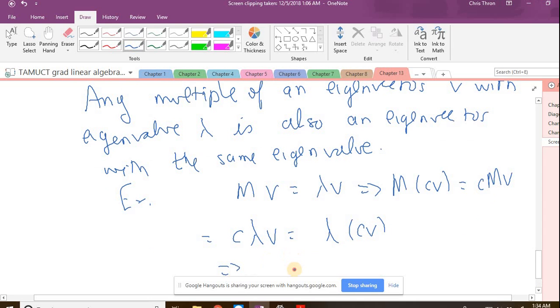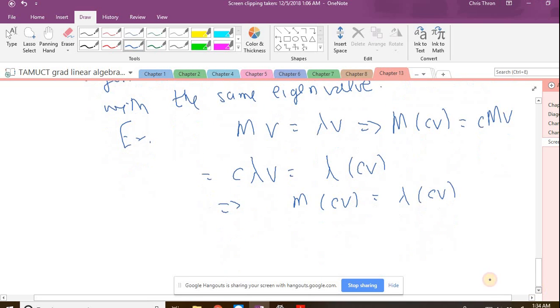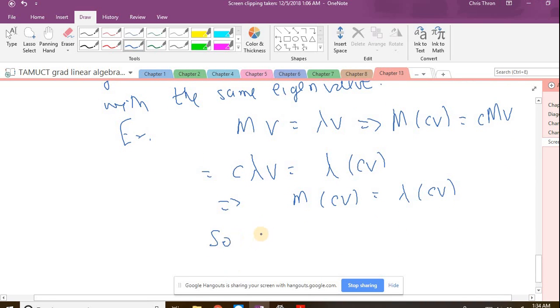So that means M times cv equals lambda times cv. So cv is also an eigenvector with eigenvalue lambda.